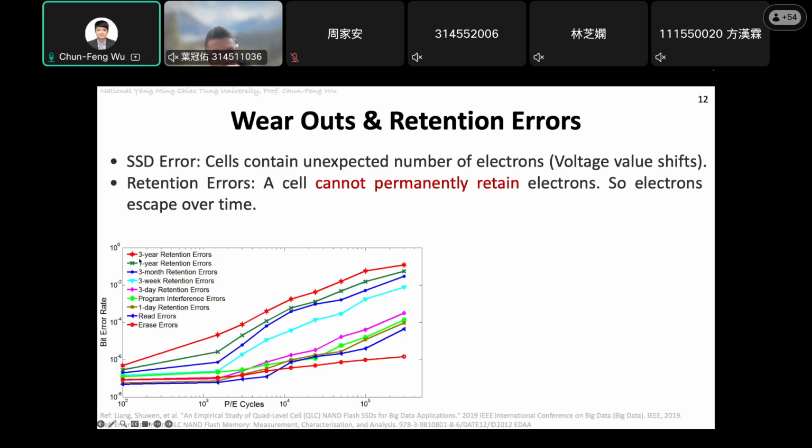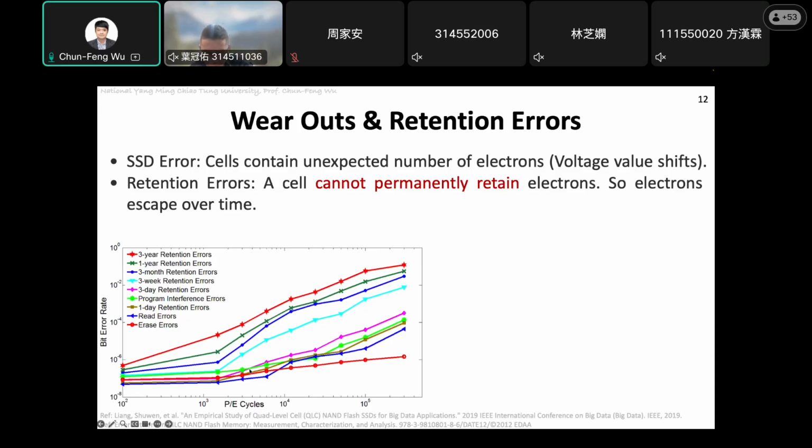So 3 year retention errors means we put it there for 3 years and check how much error it has. With larger durations, you will see the errors become more serious, because if you put it there 3 years and check it, the error will probably be higher than for 1 day.